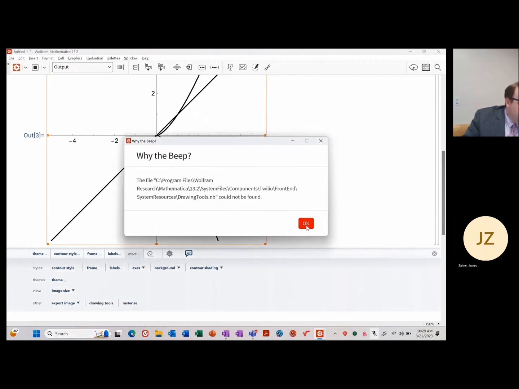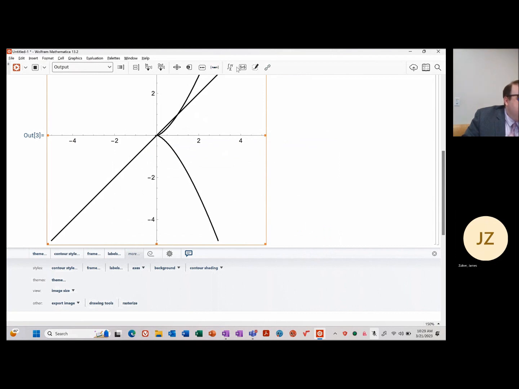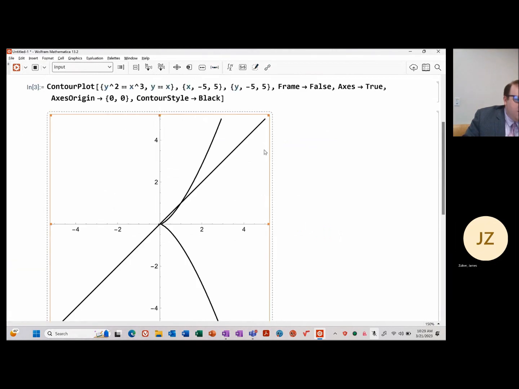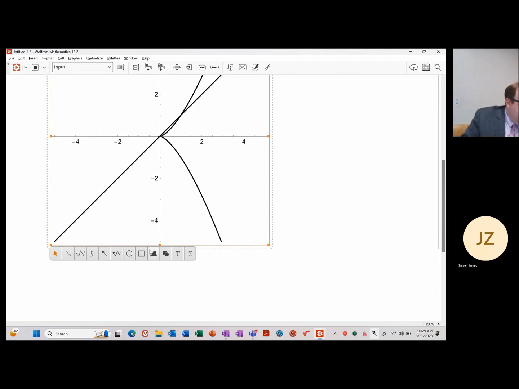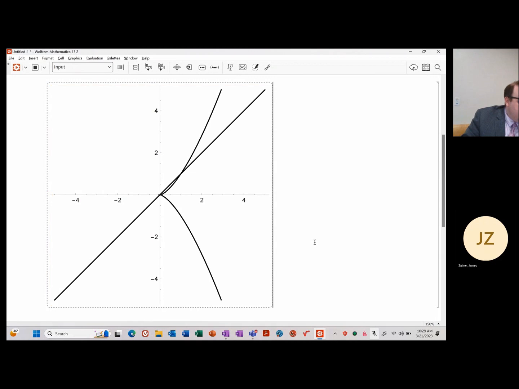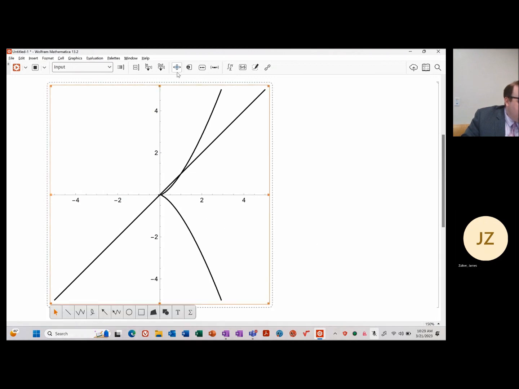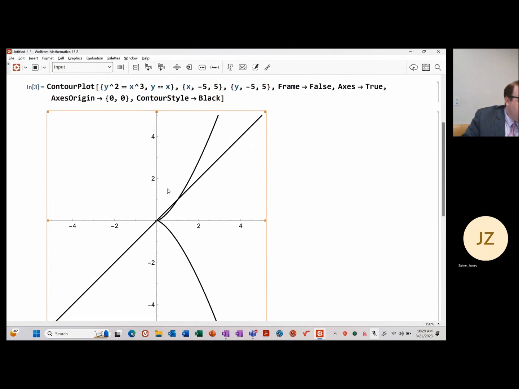Maybe under drawing tools. Ah, get coordinates. I knew there was. Yeah, it looks like it intersects at about 1. Looks like it intersects at 1, which it does.